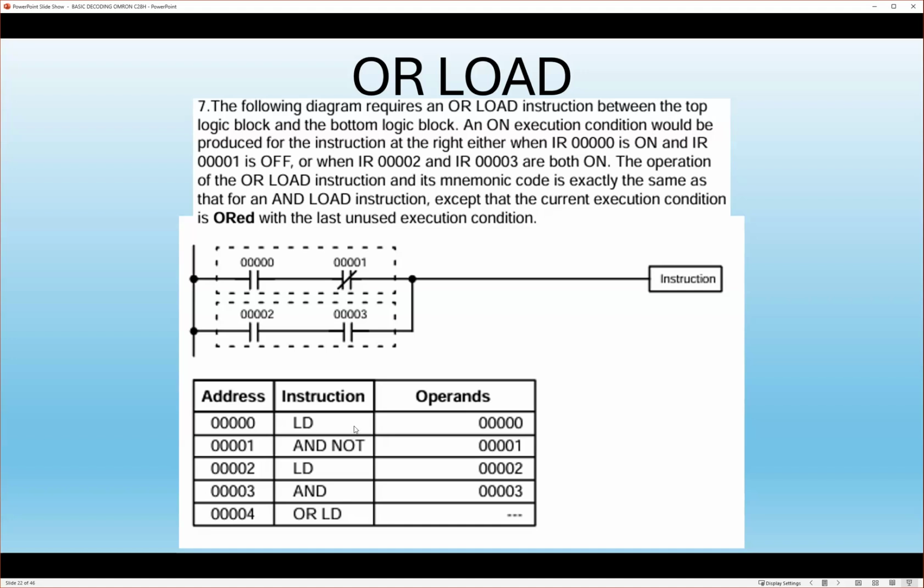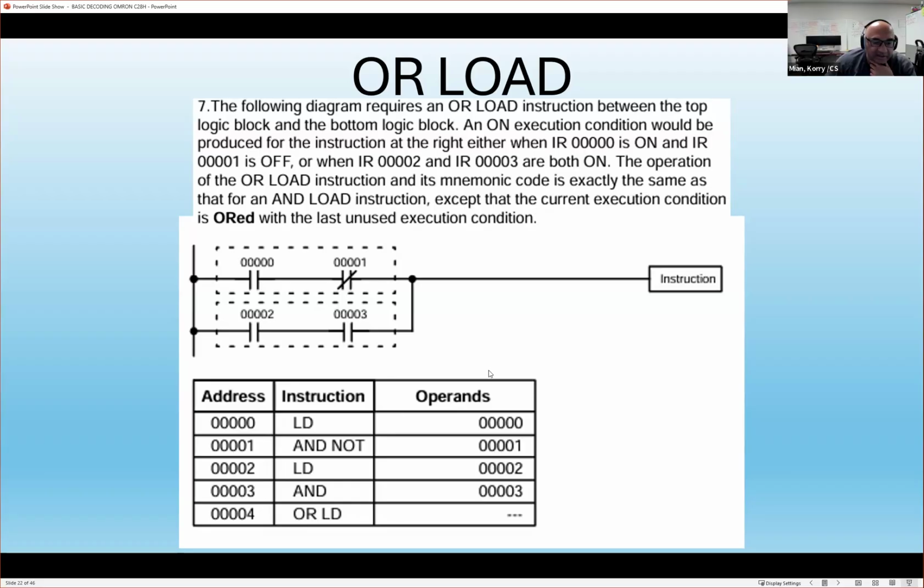So yet again, we're starting here: load 001 and not 001, load again 002 and 003, OR load. That OR load is right here. It's that vertical connector at the end. So we could have either or of those two conditions to execute our instruction.